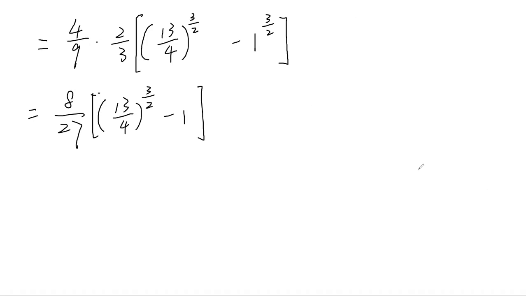And again, I am happy with this final answer, but if you want to further simplify this expression, or you want to plug this number into your calculator and get a decimal number, that's fine with me.